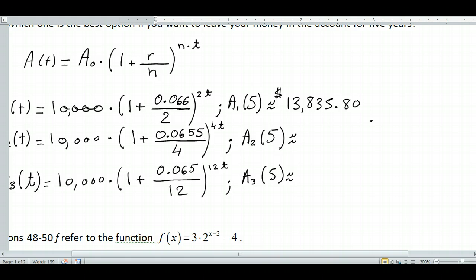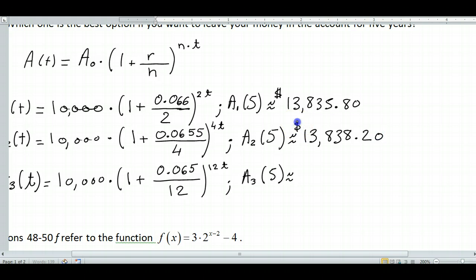Second option, my interest rate is now 6.55, and it's 4 times a year, to the power of 4 times 5, 20. And here I have $13,838.20, oh, it's really close.